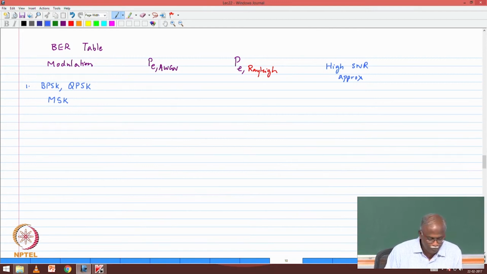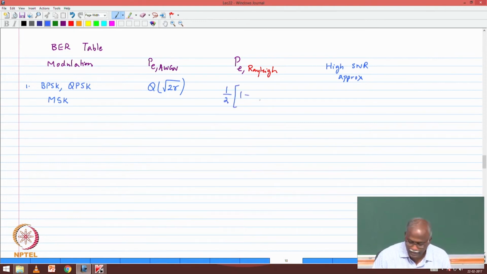So BPSK, QPSK and MSK all have the following expression in AWGN: Q of root 2 gamma. When we take the average SNR and express it in a fading channel, this becomes 1/2 into 1 minus square root of gamma by 1 plus gamma.